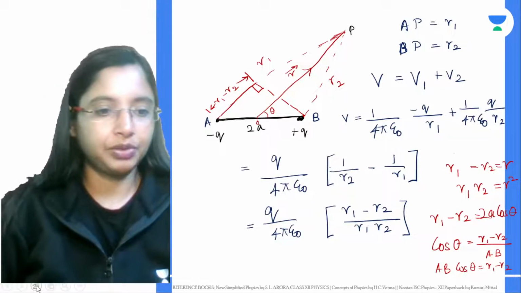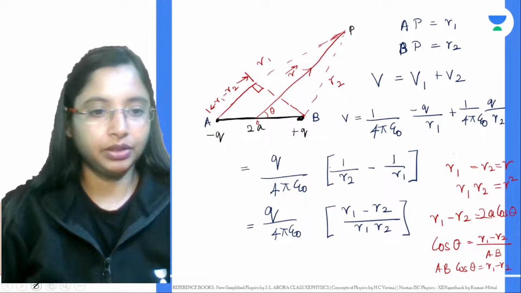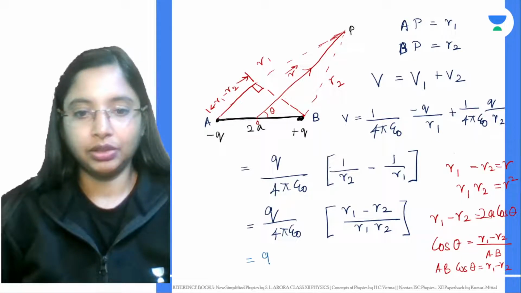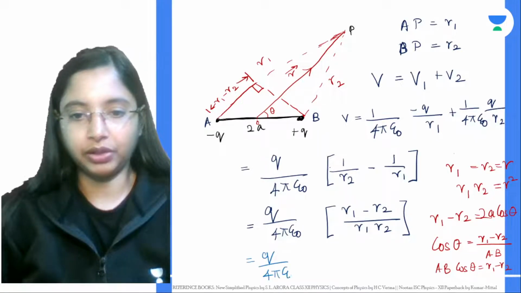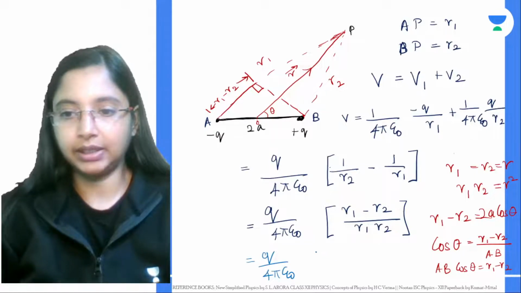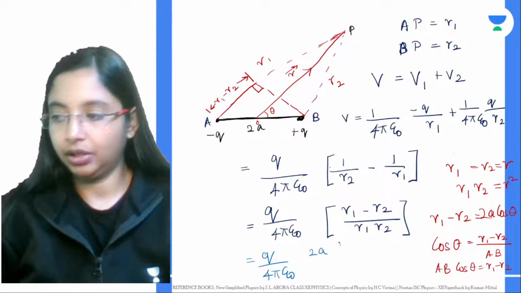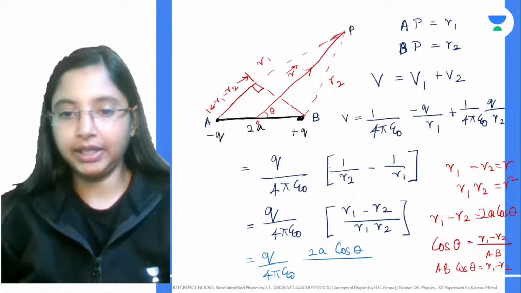So we can substitute all of these quantities in this equation. You will get Q divided by 4 pi epsilon naught times 2A cos theta divided by R1 and R2, which we take as R square.